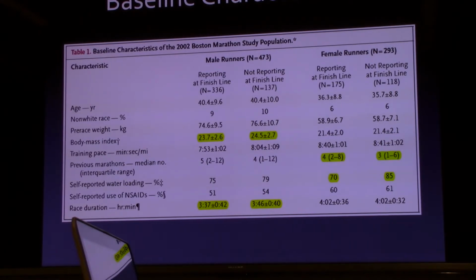So for the male runners, as you can see, the ones that did not report a finish line were the ones that had a higher BMI and were also slower. For the female runners, the ones that did not report a finish line had one fewer previous marathon experience. They were also more prone to water loading.